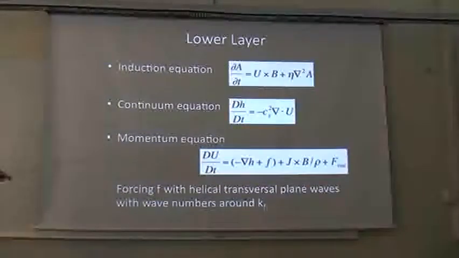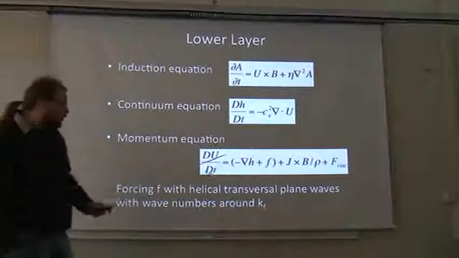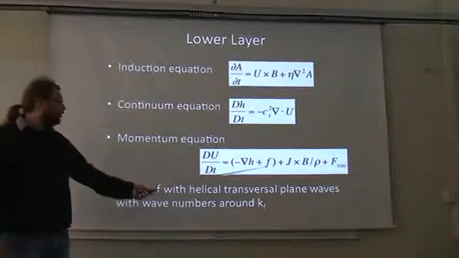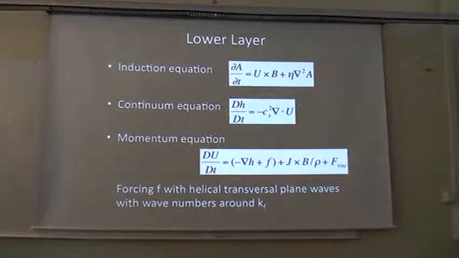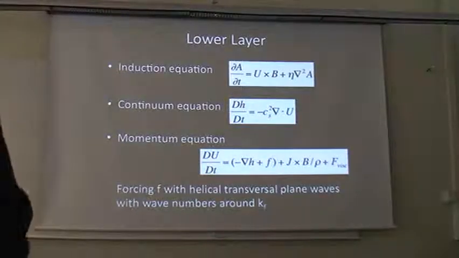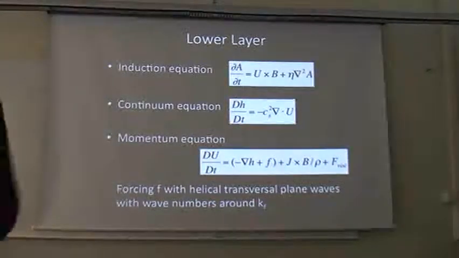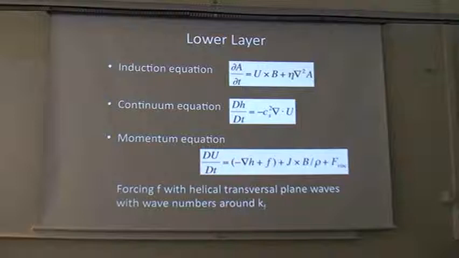And in the momentum equation, the important thing is that you get forcing. H is, let's call it, the enthalpy, not the real enthalpy, but kind of enthalpy: sound speed squared times logarithmic density. It reduces, of course, to the regular enthalpy for gamma different from 1.